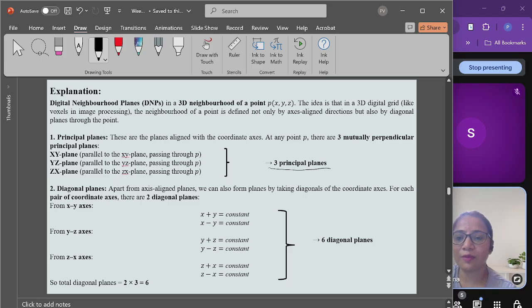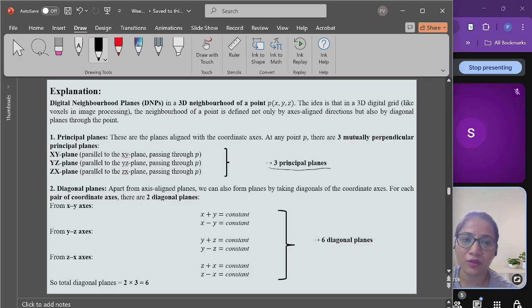Now next we will move to the diagonal planes. Apart from the axis-aligned planes, we also form planes by taking diagonals of the coordinate axes. For each pair of coordinate axes, there are two diagonal planes. For example, for the xy plane, there is x plus y and x minus y. Similarly, for yz and zx: y plus z, y minus z, z plus x, z minus x. So in total six diagonal planes will be created.